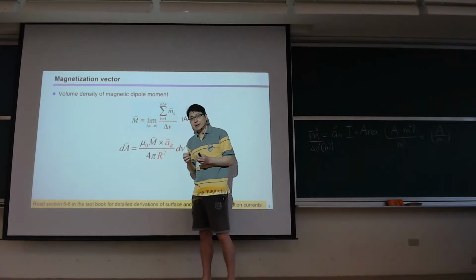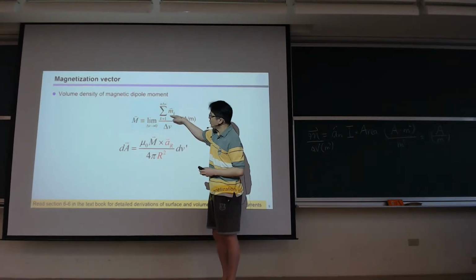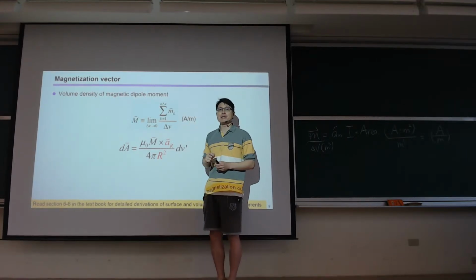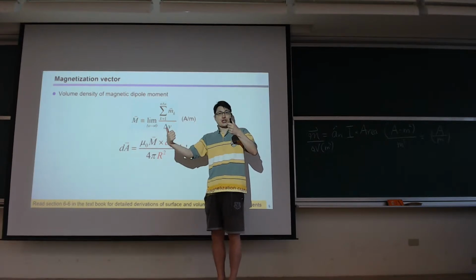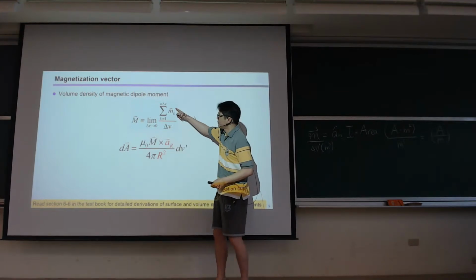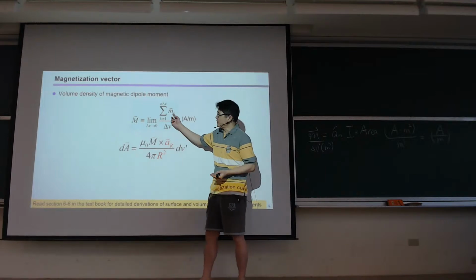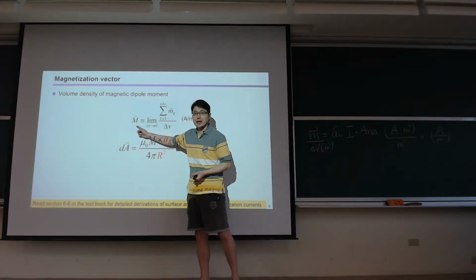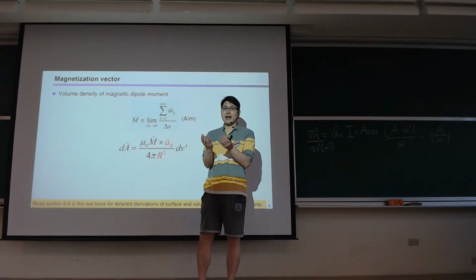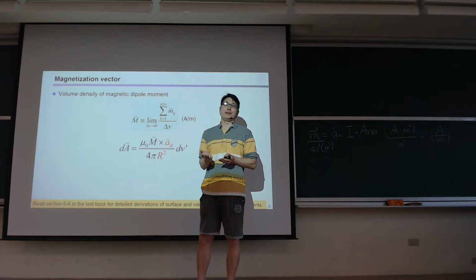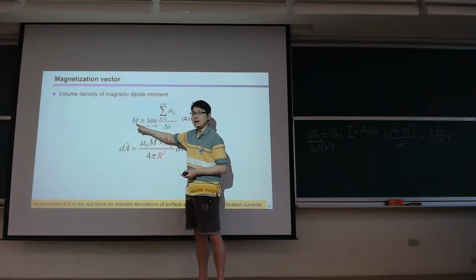But for a magnetic material, when you have an externally applied field, pretty much all the induced magnetic dipole moments would line up in the direction of your externally applied field, and therefore the vector sum is non-zero. Then you have a non-zero magnetization factor. So in this case, you have a magnetic material, where you have a non-zero capitalized M factor.